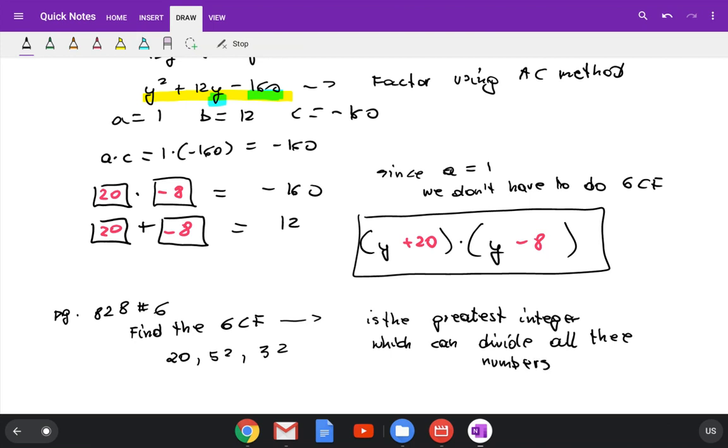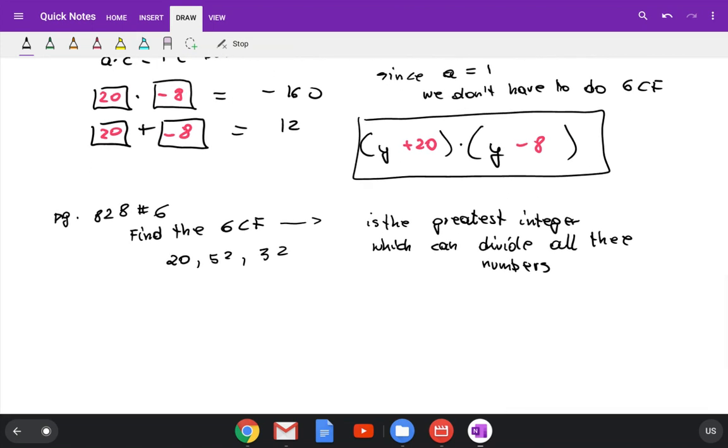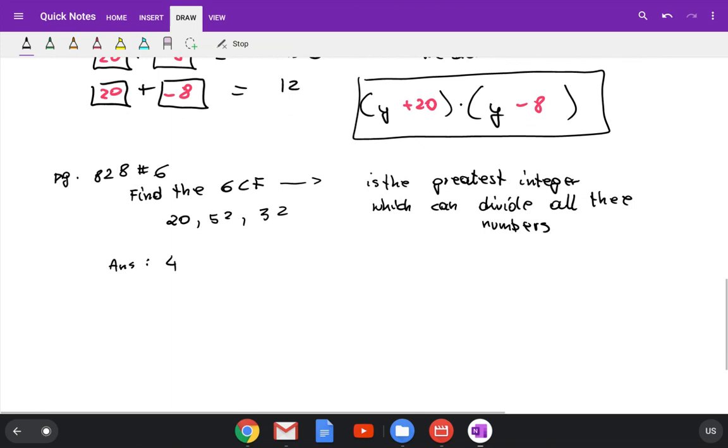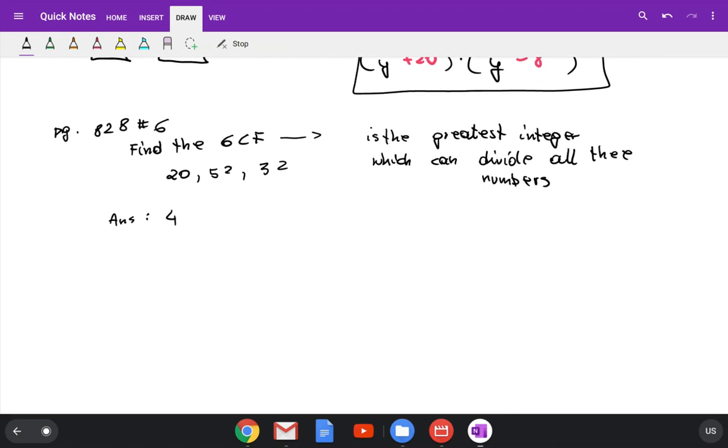Many times, students can quickly identify what number can divide 20, 52, and 32. It's the biggest one. Also, be aware that your greatest common integer can't be higher than your lowest number, so it cannot be something bigger than 32. In this case, the answer is 4, but let me show you how to do it in case you don't see that.